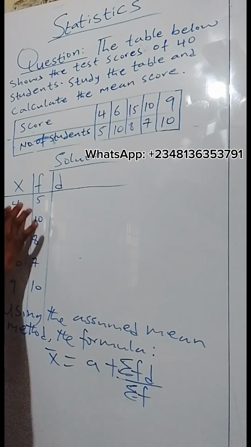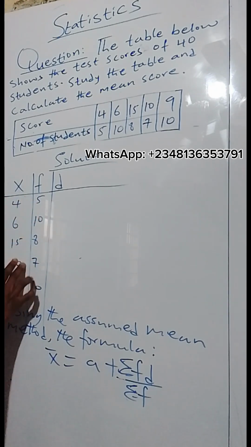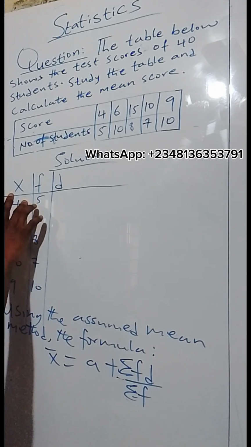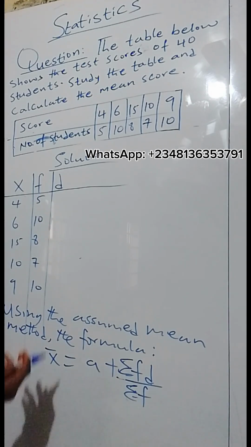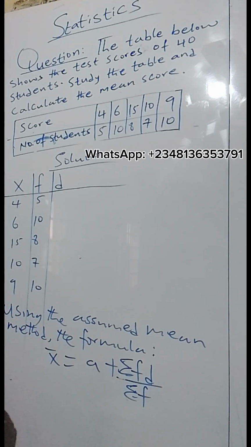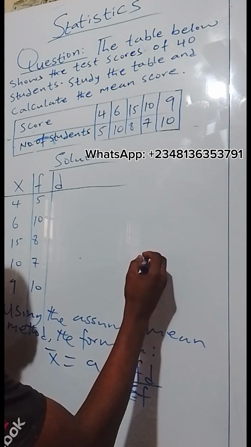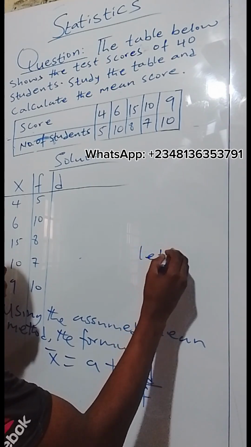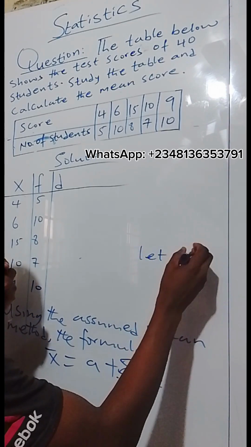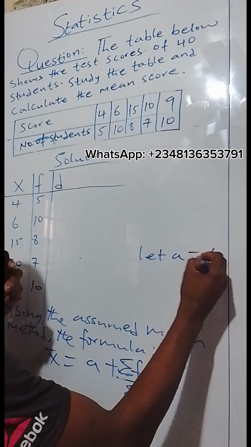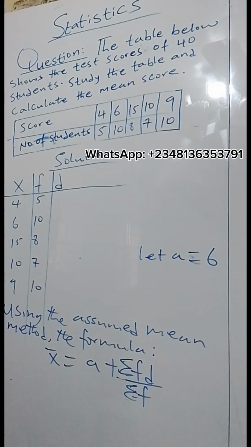We can pick any of the values here to be our assuming. Irrespective of the value we pick as our assuming, we are going to get the same answer. Now, in this example, let me pick 6 as the assuming, but I have to state that I'm picking 6. If I let a equal 6, a is my assuming.